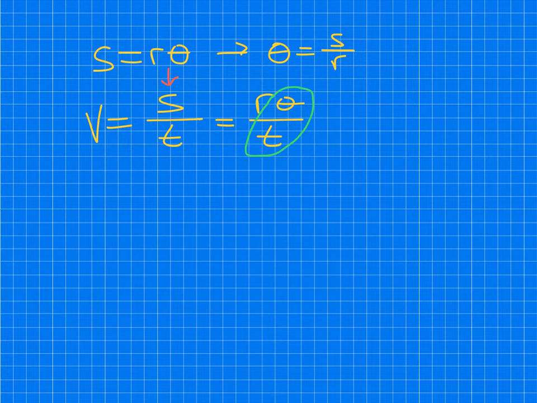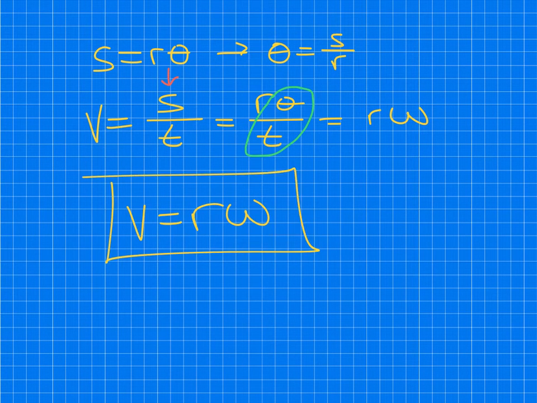So I get R times W. We get this nice formula: linear speed is the radius times the angular velocity. That can help us convert between the two. If we know one, we can find the other.